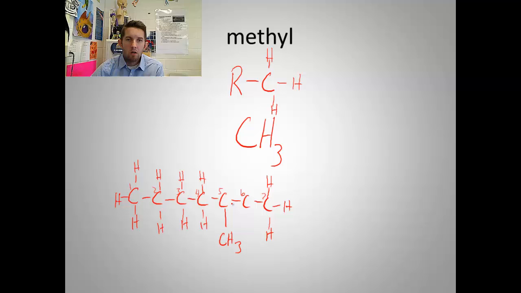If we went 1, 2, 3, 4, that's not the longest chain. This is the longest chain of carbons. This is differentiating itself from that chain. So that is your functional group. Make sure that it's not a part of the longest chain of carbon. Make sure that it's differentiating itself from the longest chain. And that's it. Those are your functional groups. Those are what differentiate these organic molecules from one another and what cause them to have different behaviors.